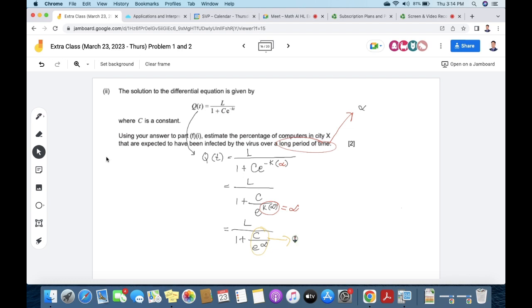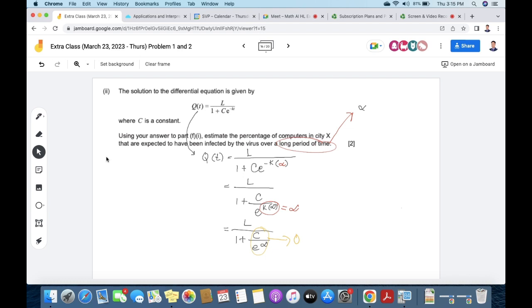Exactly, 0. Since we do not know the time, if we talk about infinity, the value c over e to the power of infinity will become infinitesimal, very, very small, to the point that it would not be significant anymore because it will become 0.0000 and so on. It will not affect the values anymore.